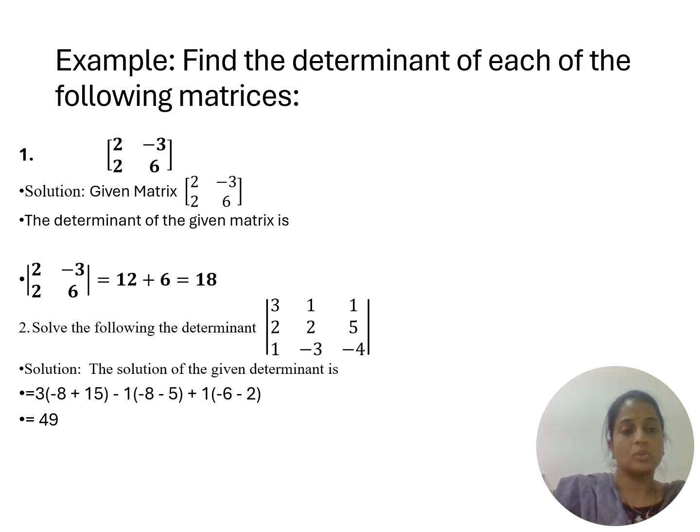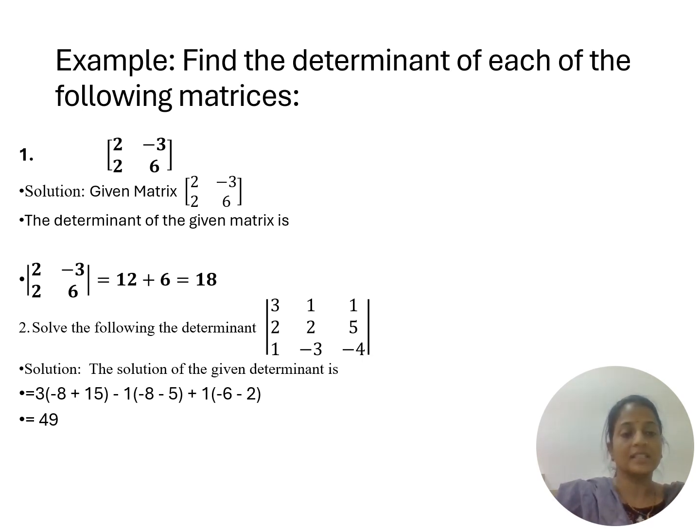To find the determinant of this matrix, we cross multiply: 2 multiply 6 is 12, and minus 2 multiply minus 3 is minus 6. So minus minus is plus 6, so 12 plus 6 is 18.